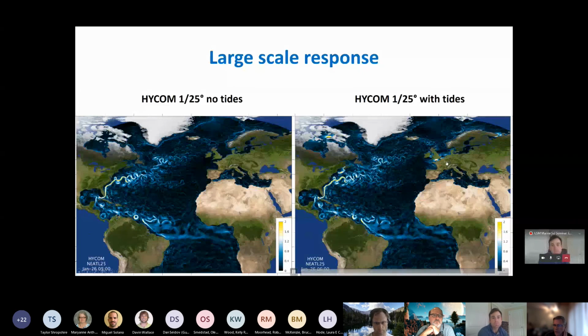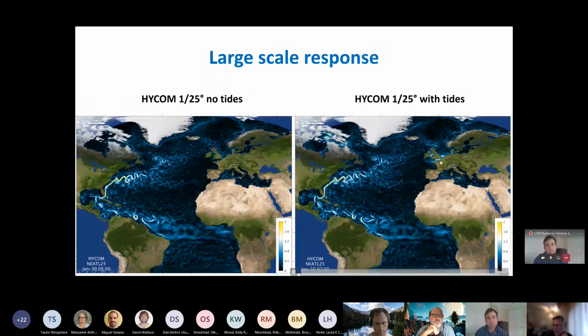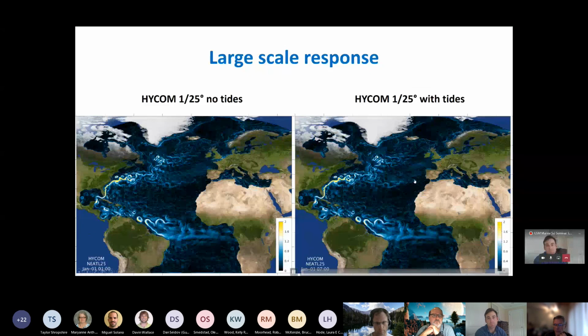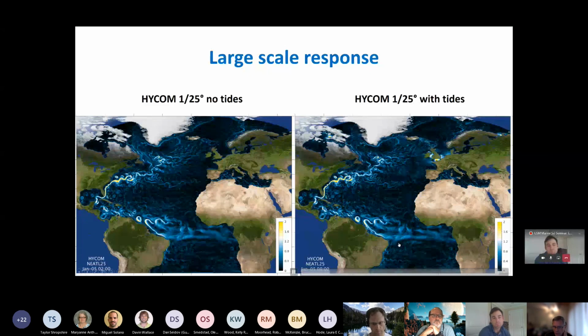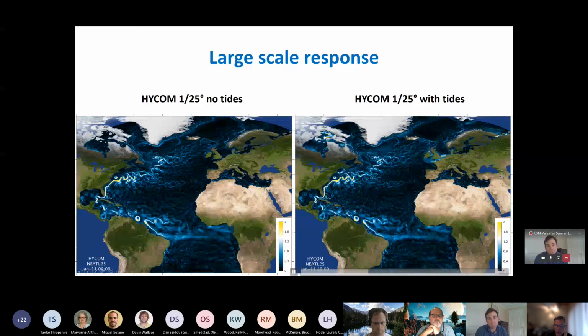Mostly, where you have large tidal signals is where you see velocities changing rapidly. This is a spin up, so it takes a few days before the tides and the velocities start to show up at the surface. So it does have an impact on surface speed, but not that much.